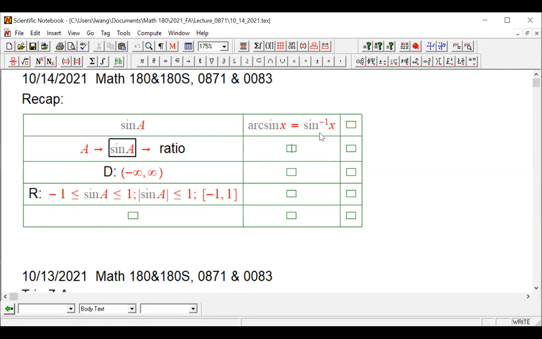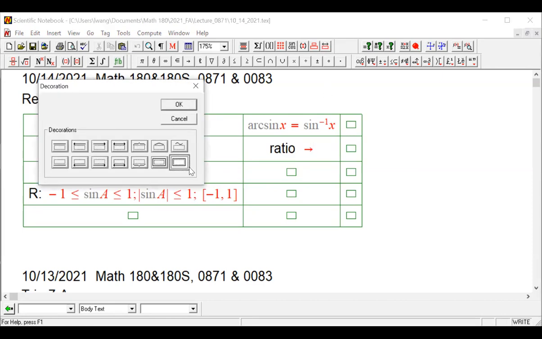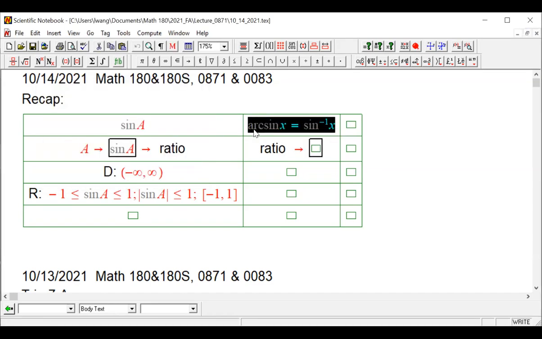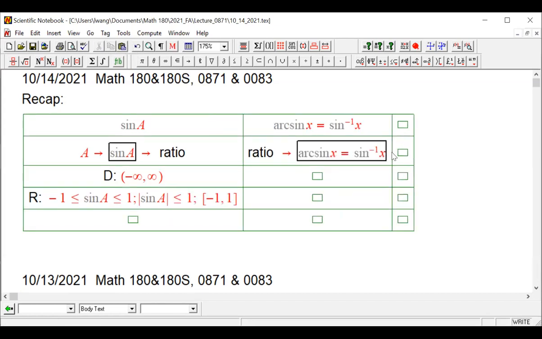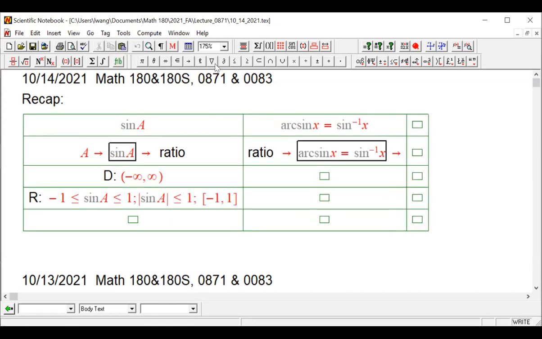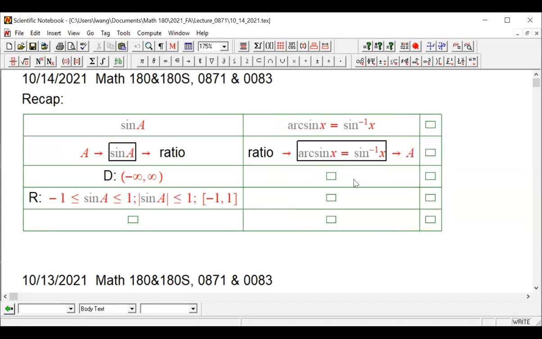And ArcSine, however, takes a ratio and produces what? It produces an angle. So ArcSine produces an angle.